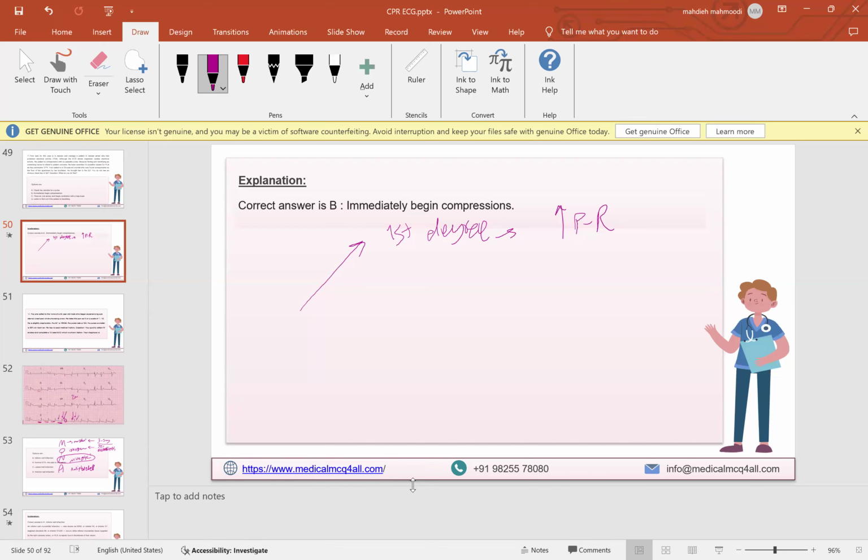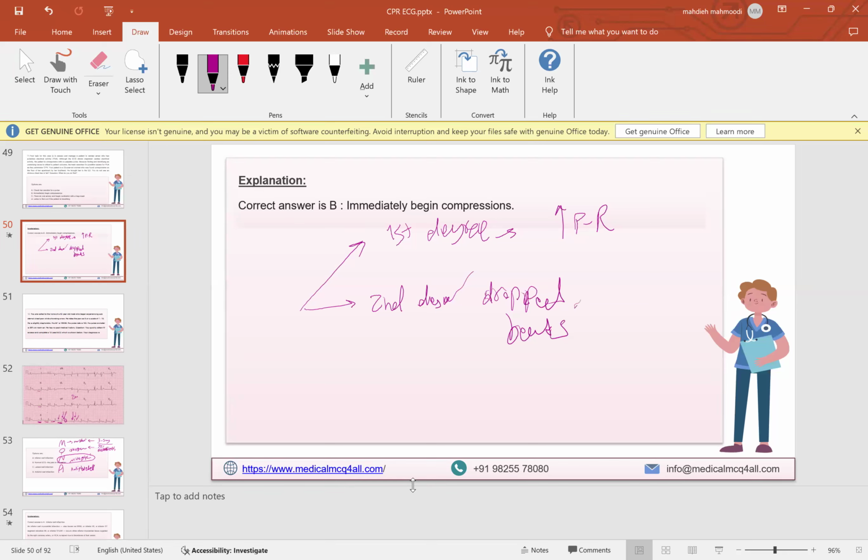In the second degree, you have dropped beats, meaning you have unconducted P waves. First degree is not like that. You have prolonged PR interval, but all the P's are conducted. Second degree, you have dropped beats. It means there are some P's that are not conducted.